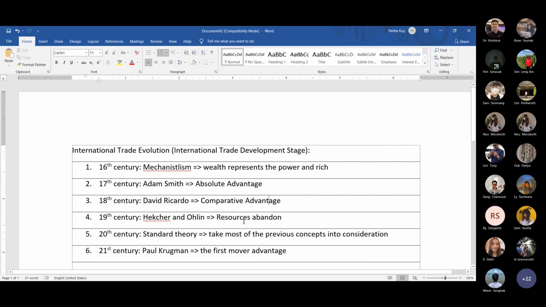Heckscher and Ohlin try to add some more variables into the equation. We cannot just look at which one has the higher opportunity cost in terms of producing the other. That's why Heckscher and Ohlin created another variable in the equation called resource abundance.